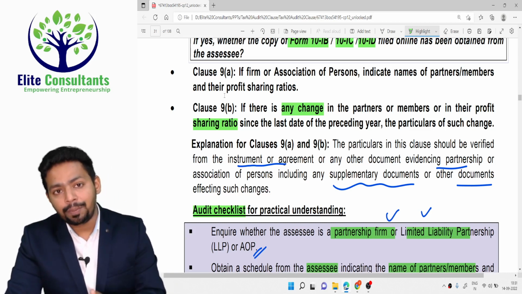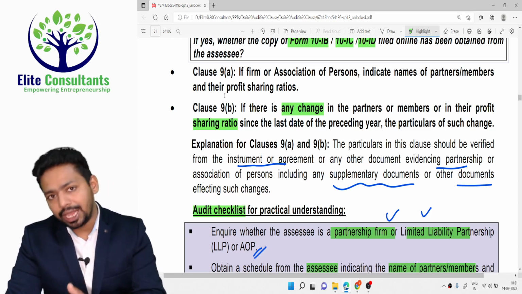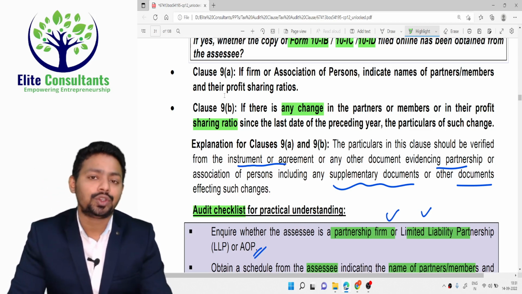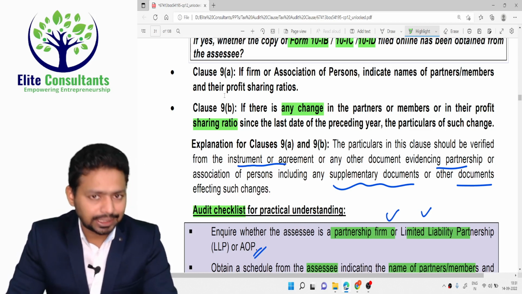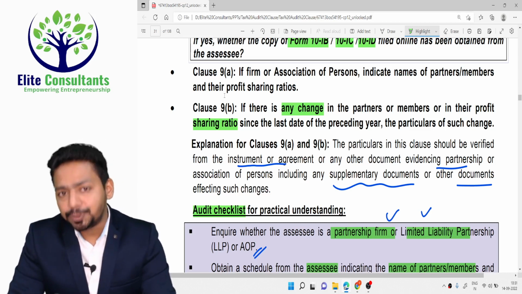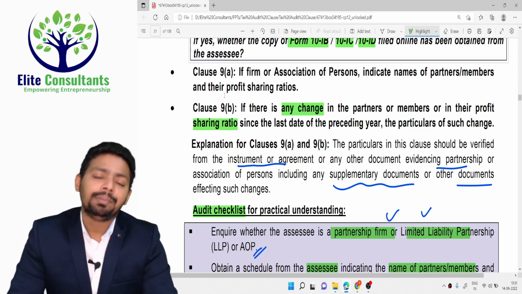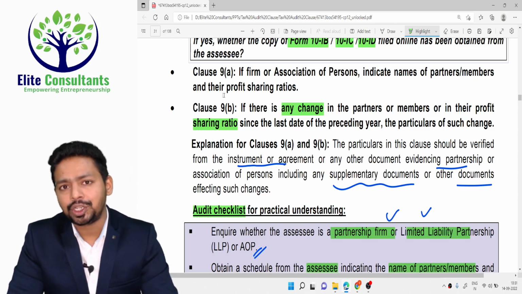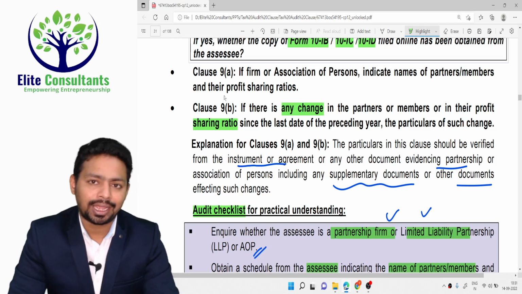Adding a partner or removing a partner from an LLP is easier because it is routed through the ROC portal. And the most important benefit of LLP is that it is a limited liability partnership. That means as per the Partnership Act, the liability of the partners is unlimited to the firm, whereas in a limited liability partnership, it is limited to their contribution ratio or the capital that they have committed.